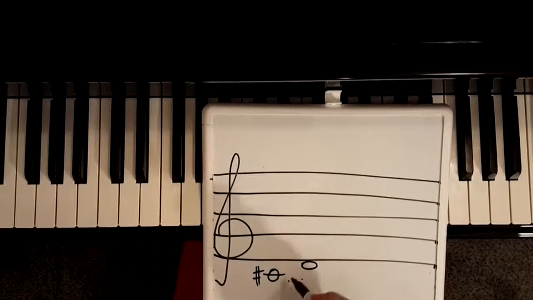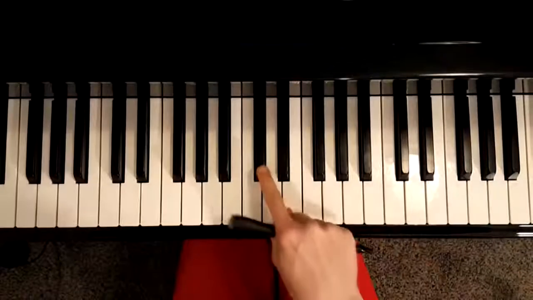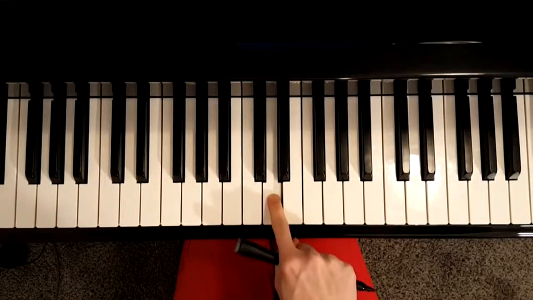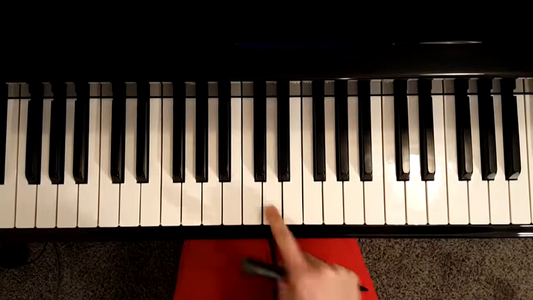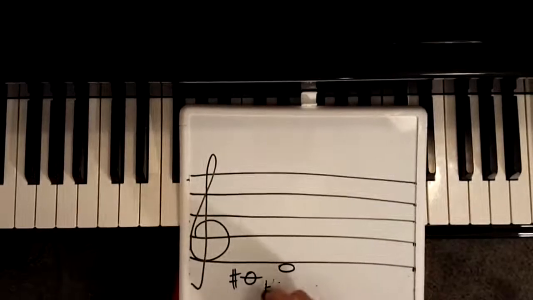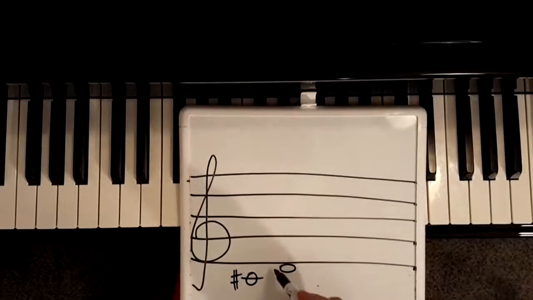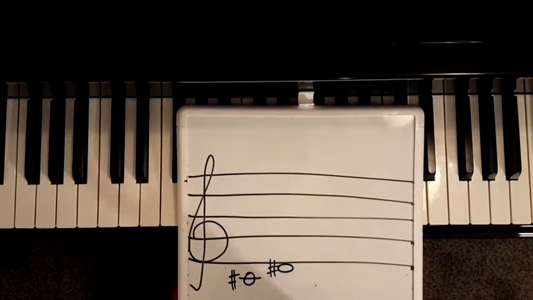I'm going to show you just in a second how it's going to look on the keyboard, okay? From C sharp to D is going to be a half step, but from C to D is a whole step. Okay, let's change it a little bit. Let's say you change this note to D sharp, and now you get the whole step again, okay?